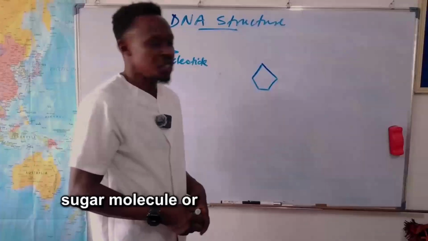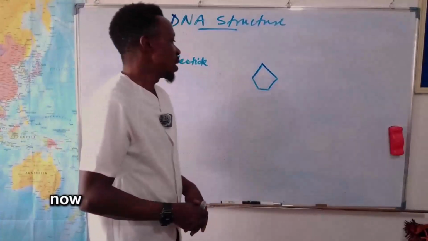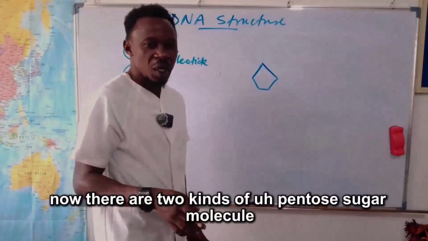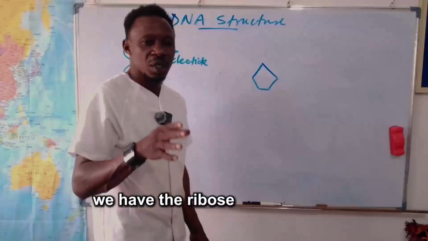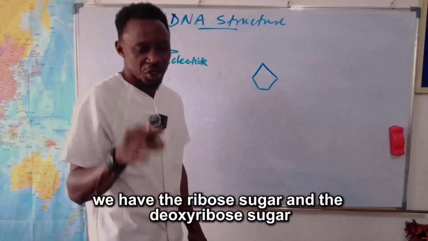molecule, or simply put, the pentose sugar molecule. Now, there are two kinds of pentose sugar molecule. We have the ribose sugar and the deoxyribose sugar.